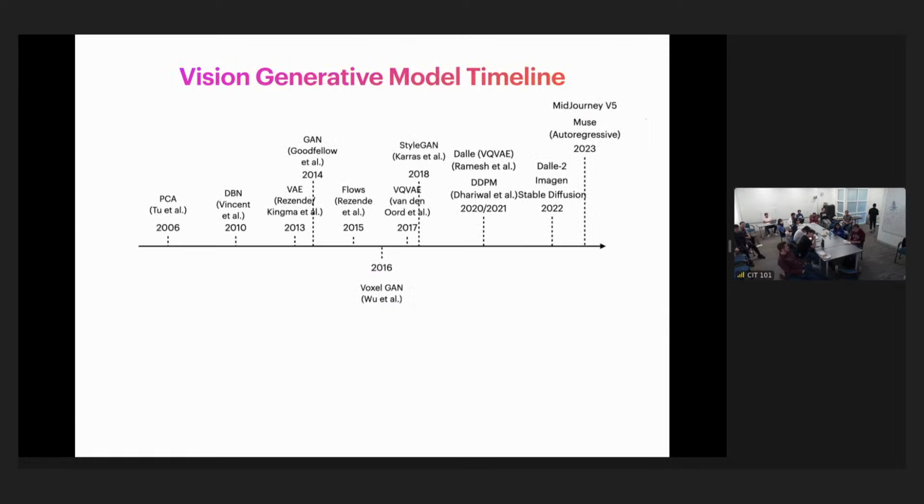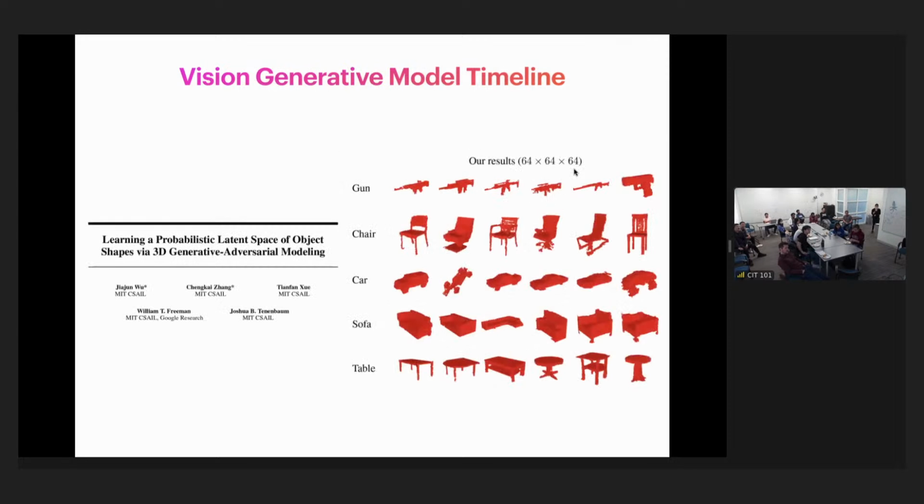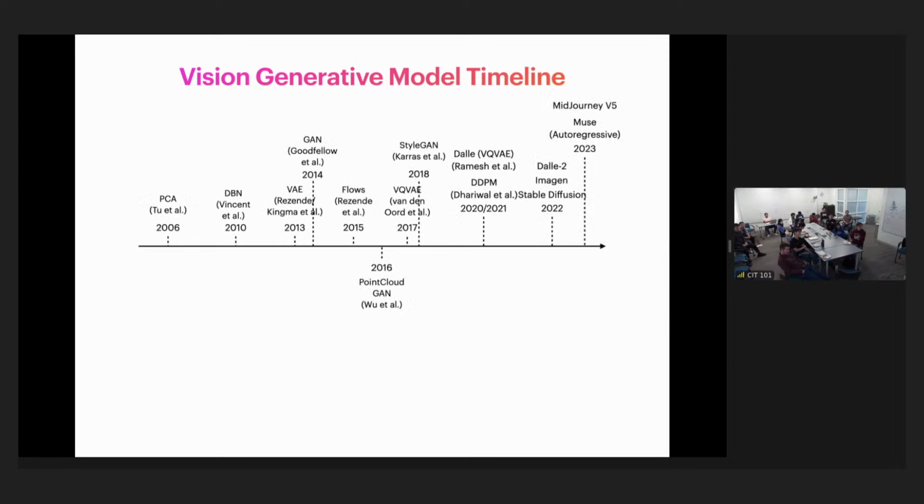And looking back from the 3D side, I guess it's fair to say that it starts from 2016, when Jiajun Wu wrote the paper called Learning a Probabilistic Latent Space of Object Shapes via 3D-GAN. They basically trained a voxel GAN in 3D to generate shapes represented by voxels.